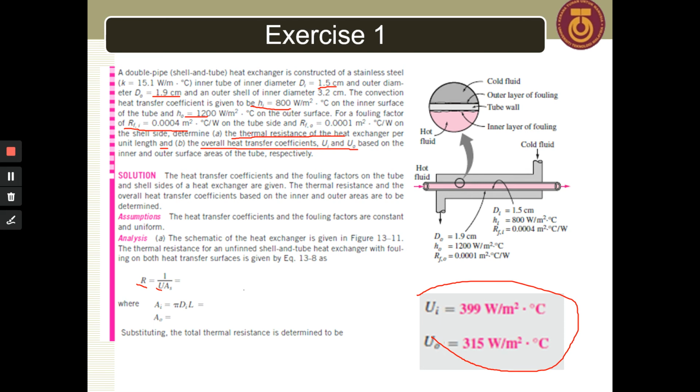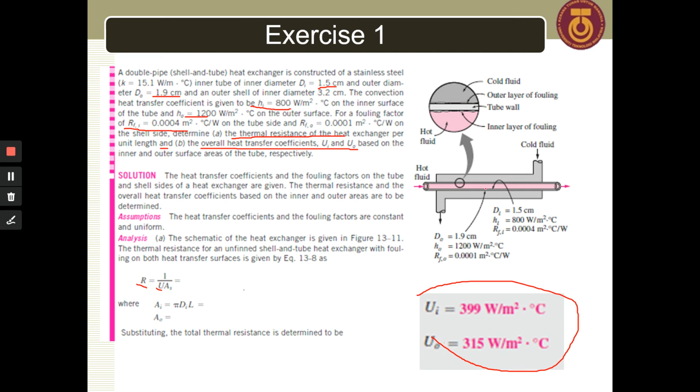So I think you already know how to answer this, because first you need to draw, then label, then find the total resistance. In this case, there are 5 resistances. But the fouling on the tube side and on the shell side are not the same value, so you should be careful on that.